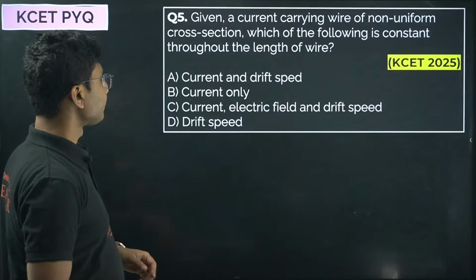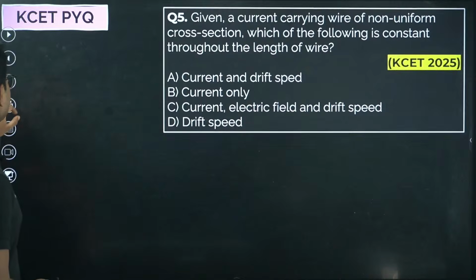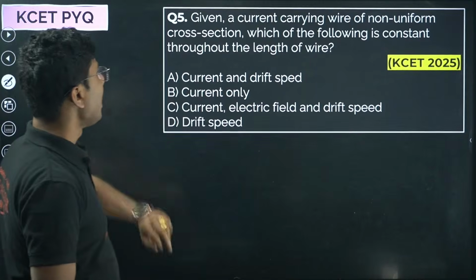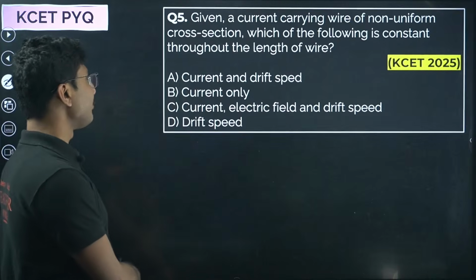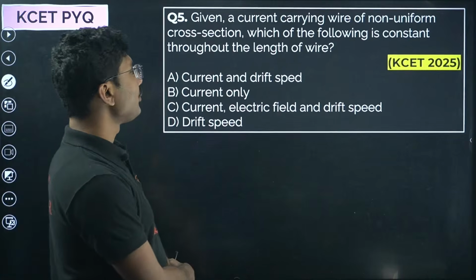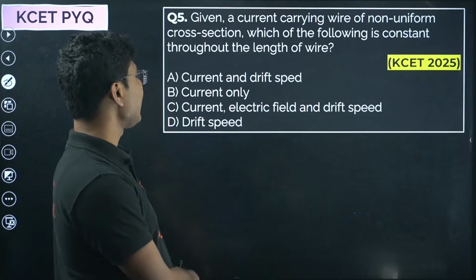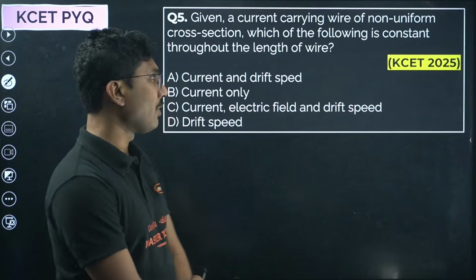Now let's see one KCET previous year question. Given a current carrying wire of non-uniform cross section, which of the following is constant throughout the length of the wire?